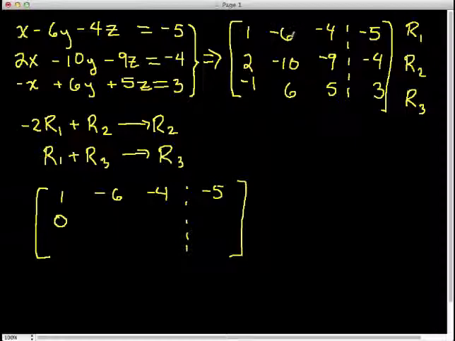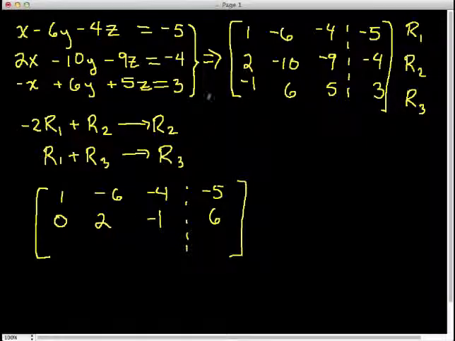Now I'll take -2 times this -6. -2 times -6 is +12, added to -10 gives me 2. Then I'll take -2 times -4 here. That gives me 8, and that will add to this -9 here. Then I'll have a -1. And finally, I'll have -2 times this -5. That gives me +10, plus this -4, that gives me +6.